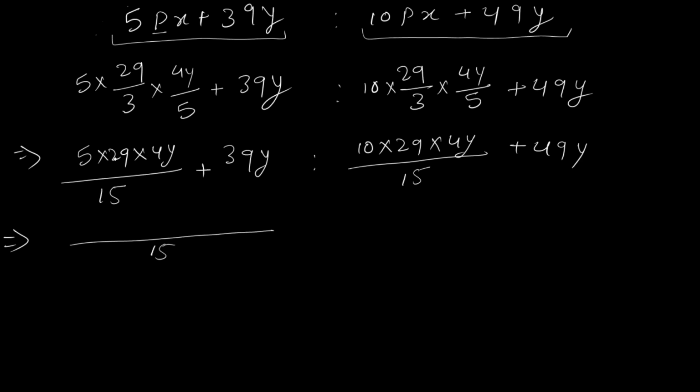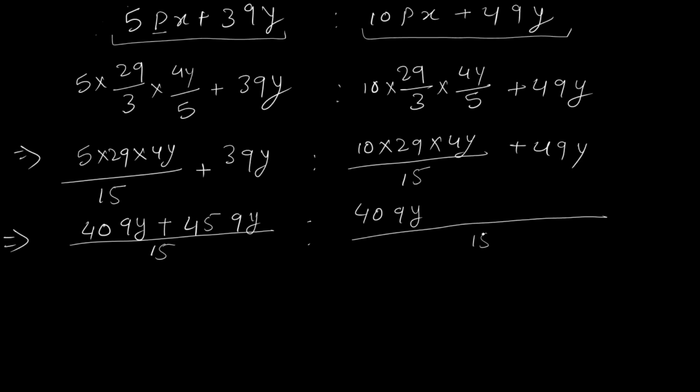Here you see 5 twos are 10 and 10 fours are 40 qy, plus 15 threes are 45 qy. Here tell me, 10 twos are 20 and 20 fours are 40 qy. Same so far. Okay, and plus 15 fours are 60 qy.